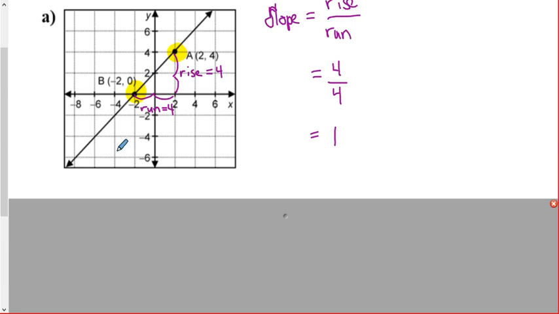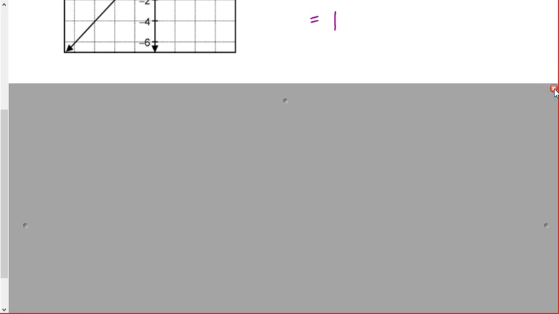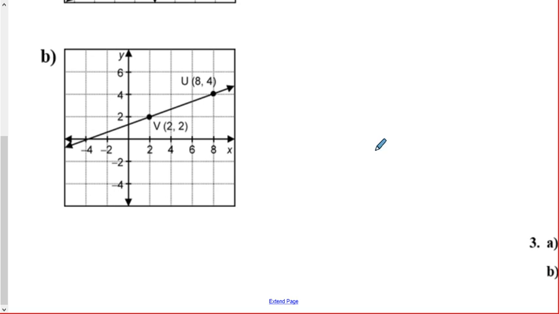All right, let's have a look at our next one here. This one I notice also has a positive slope, meaning as I go from left to right, like reading a book, it's going up. It's got a positive slope, so it should have a rise that's positive. So let's do rise and run here.